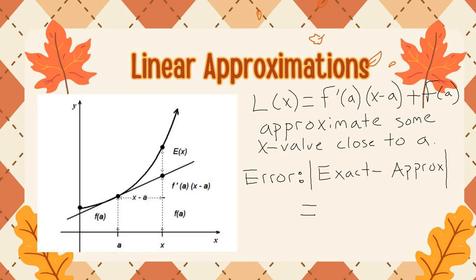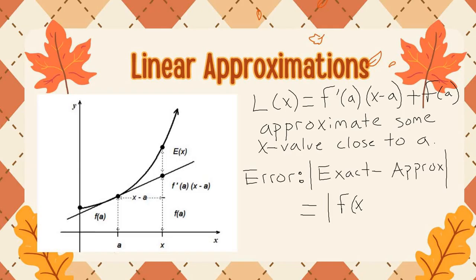So in general, if I use what I did up here, what would our formula be? The absolute value of, so my exact value would be f prime of x? Yes, f of a, right? Like where I could actually just plug it in. No, not a, but x, right?